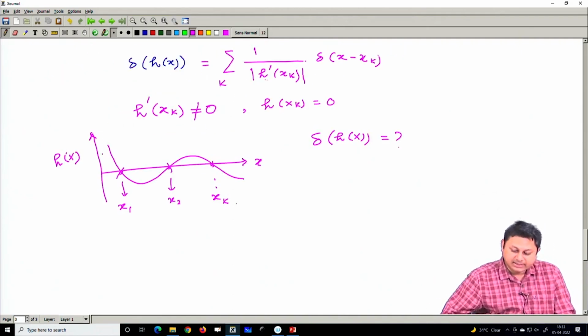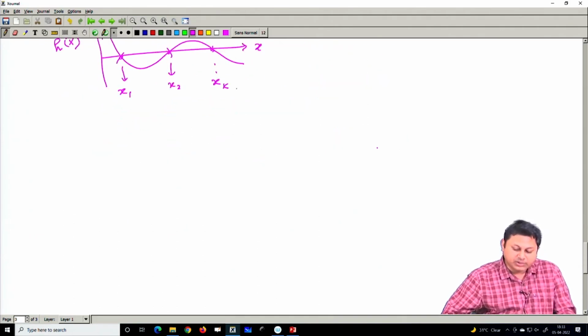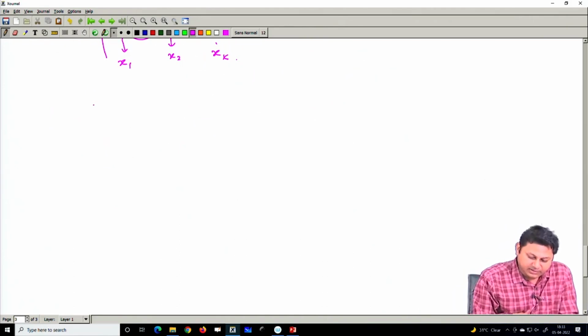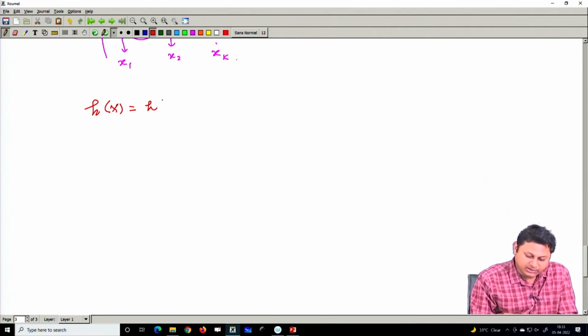If you know that, then you just make a derivative of this given function, put the value of these roots there and make a summation, and that should be your result. So, you can quickly prove it by just expanding this h. For example, if I expand this h of x, it should be a Taylor series expansion around this root point.